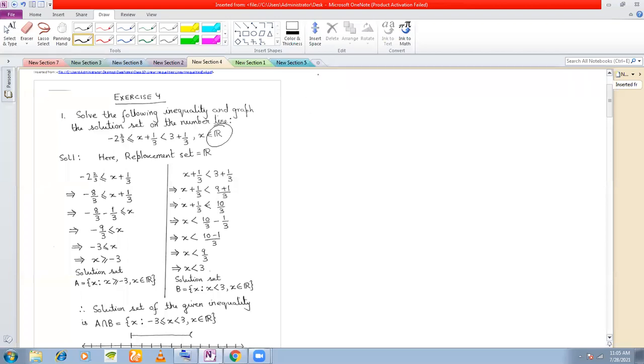So, the given inequality is -2 2/3 less than or equal to x plus 1/3 is less than 3 plus 1/3. Okay, now what you do is you split this inequality into two parts.